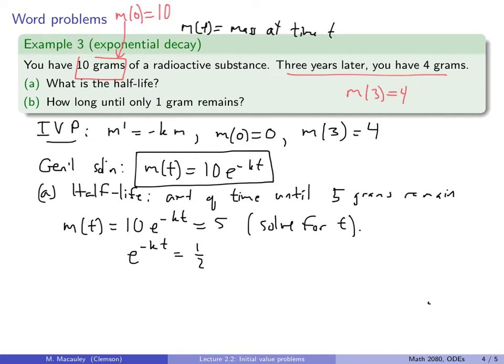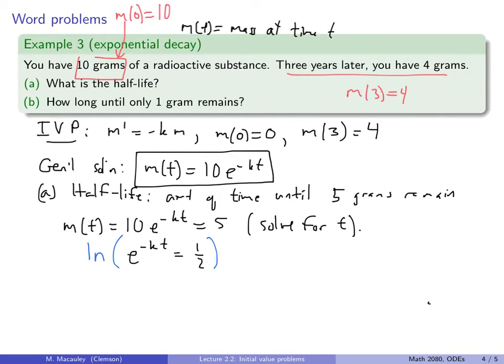So here's what we have. Let's take the natural log of both sides. I like to write this as natural log of this whole equation. By this I just mean take the natural log of the left-hand side and equate it to the natural log of the right-hand side.